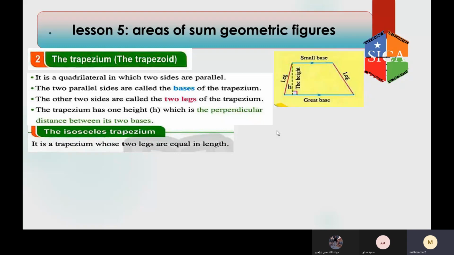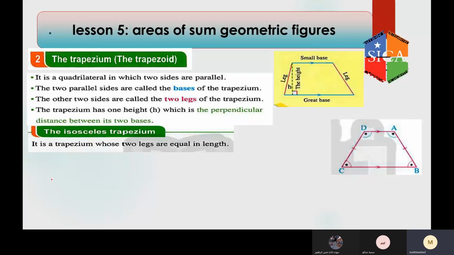The isosceles trapezium. When we say the trapezium is isosceles, it means the 2 legs are equal in length, like this. The 2 legs here, AB equal DC. The trapezium here is called isosceles trapezium.